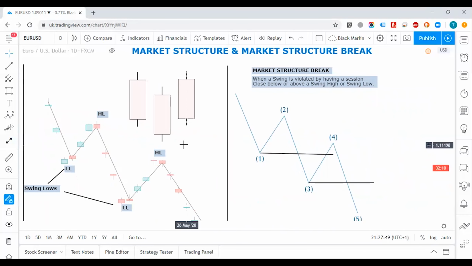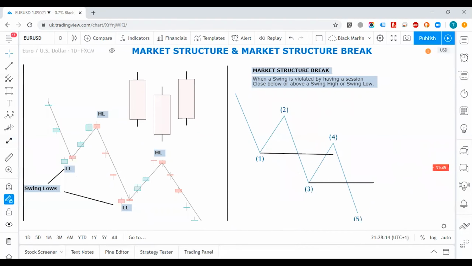Okay, market structure break. What is market structure break? Market structure break is exactly what it says, a break of market structure. So it's not a trick question. Remember, we're saying a market structure is a series of higher highs and higher lows and lower highs and lower lows.